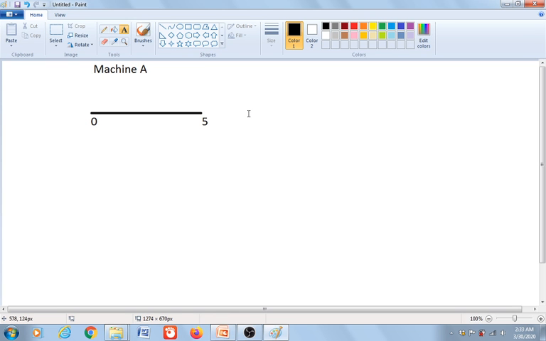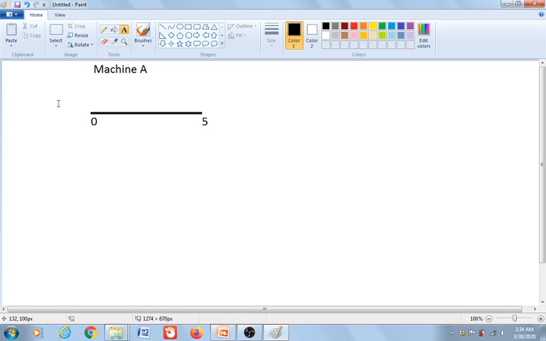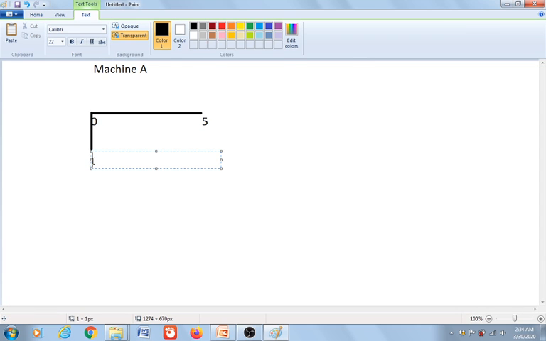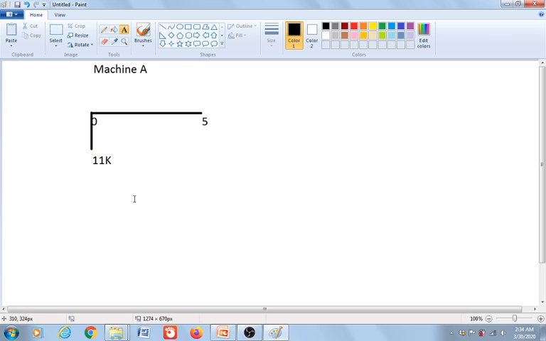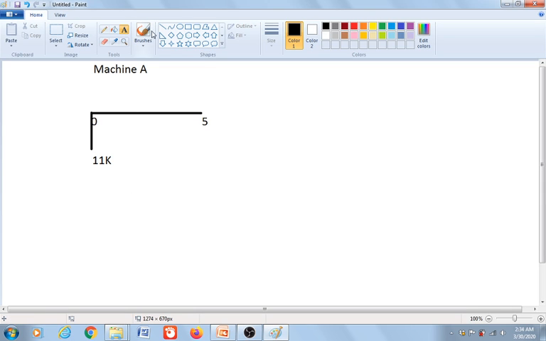For machine A, the initial cost is 11k. So this is the initial cost, this is 11k, and the operating cost will be 3.5k.